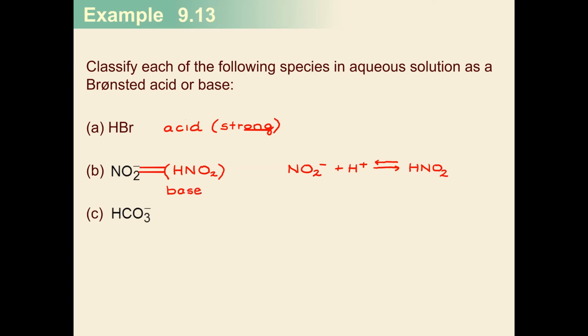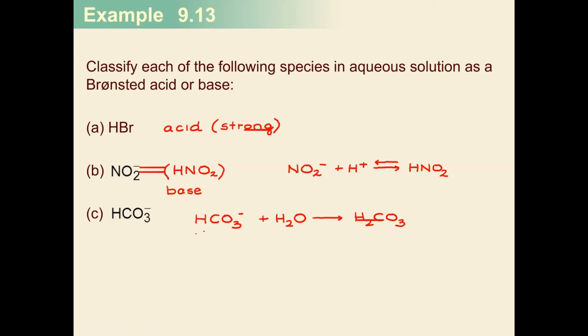So now let's go ahead and look at species C. We have HCO3 1-. So let's figure out what would happen if we put this in solution. Well, if I were to put this into water, it is going to do two things. First off, it might have the basicity or base strength to take a proton and go back to H2CO3 and form carbonic acid.